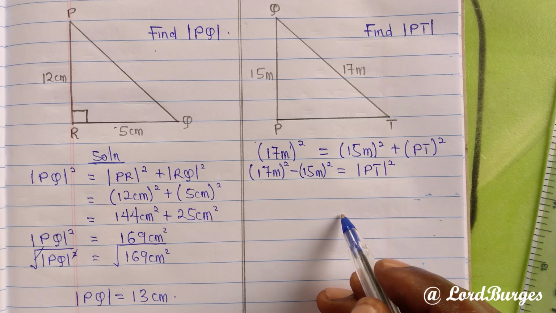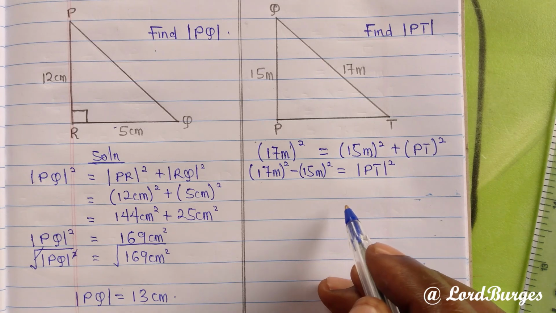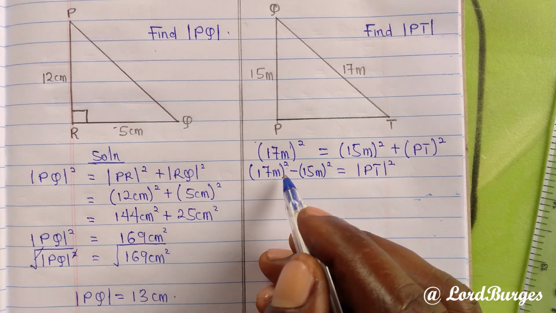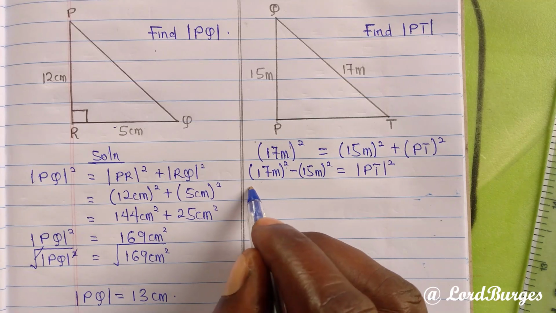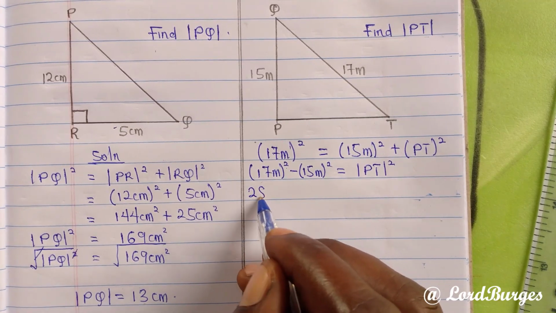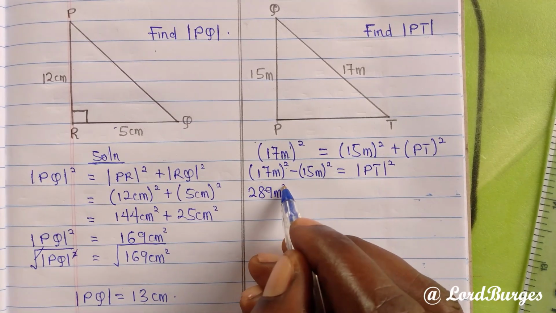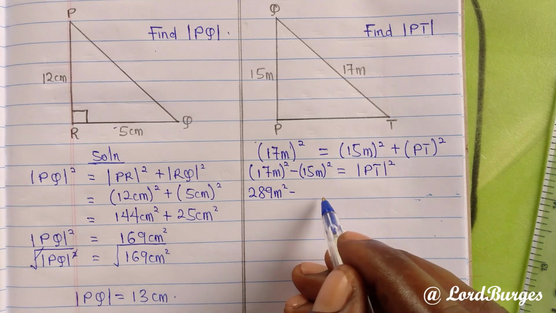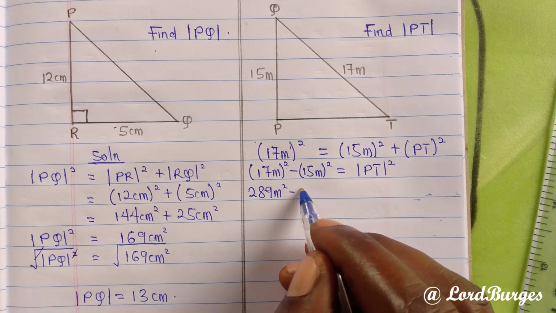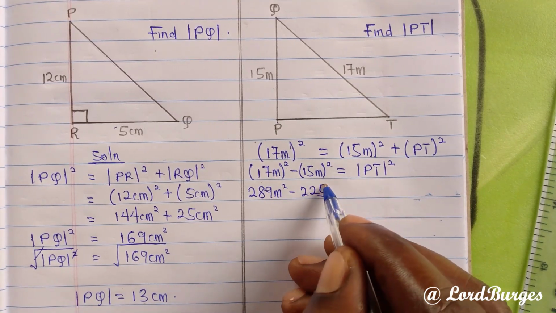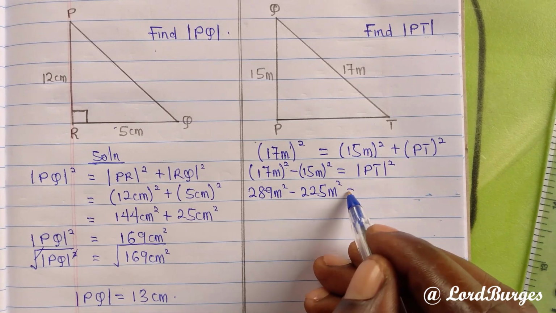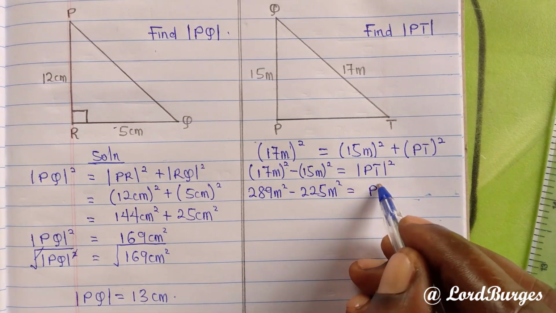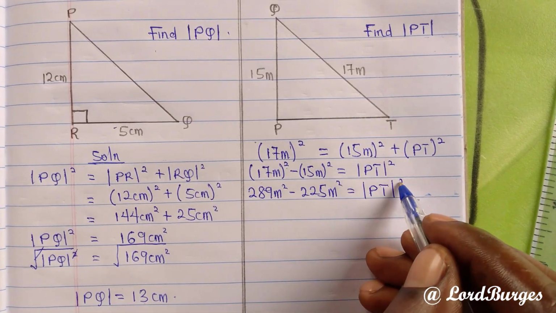17 squared is 289. So we have 289 meters squared minus 225 meters squared is equal to PT squared.